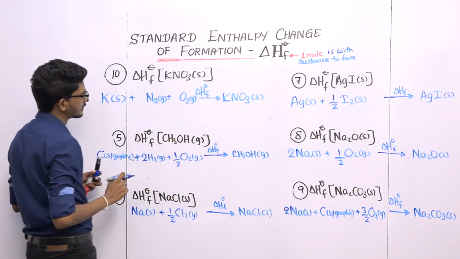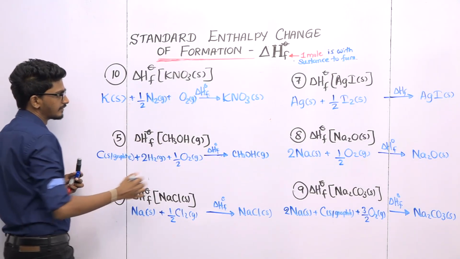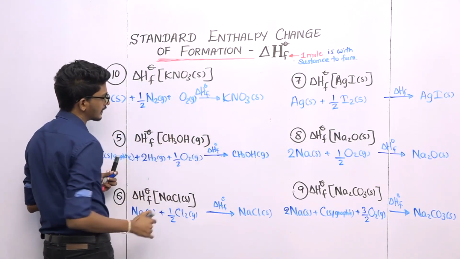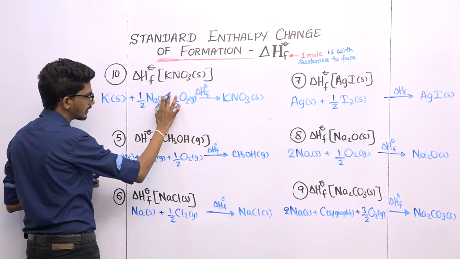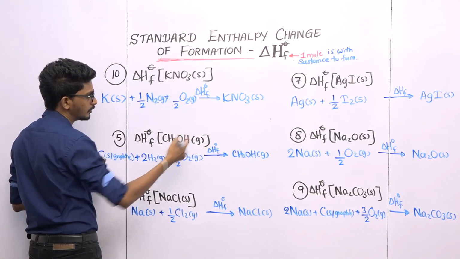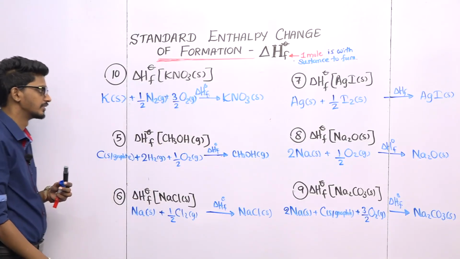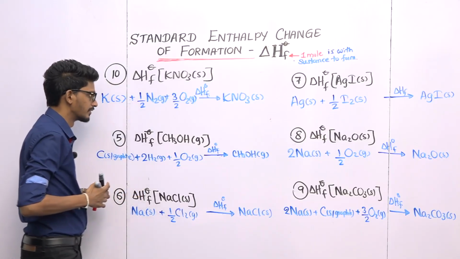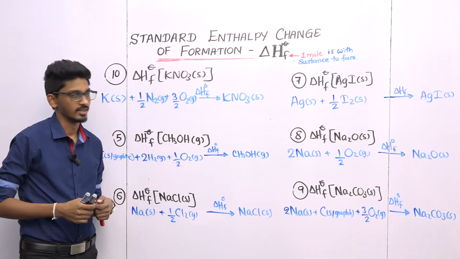One nitrogen appearing, so you need to come up with a half here. And 3 oxygens are appearing. That means first you divide by 2 to come up with 1 oxygen, then you need 3 oxygens, so you apply 3 here. In this manner, you can balance the thermochemical equation for the standard enthalpy change of formation of KNO3 solid.